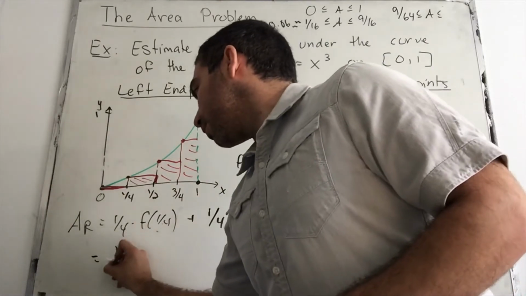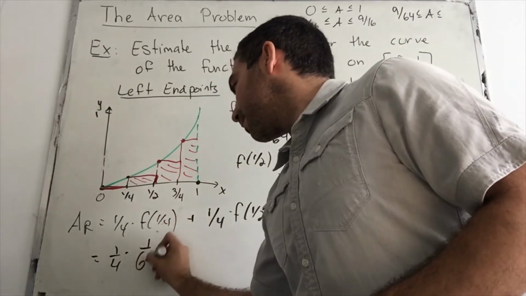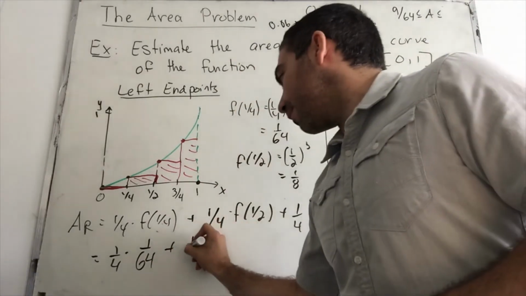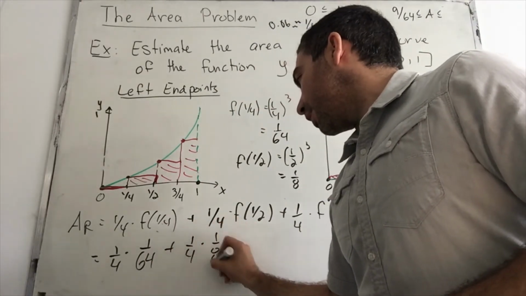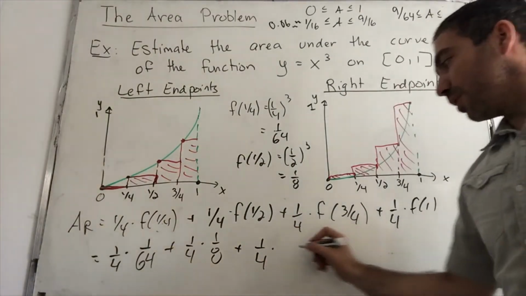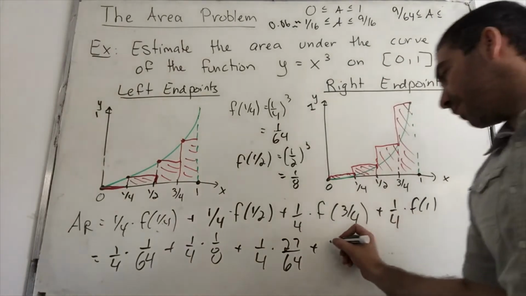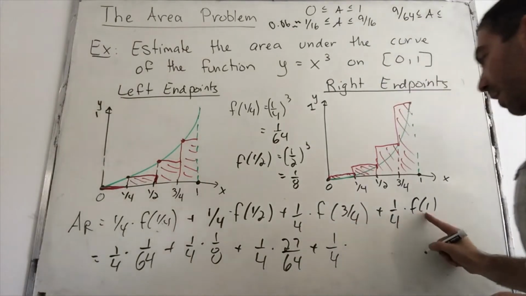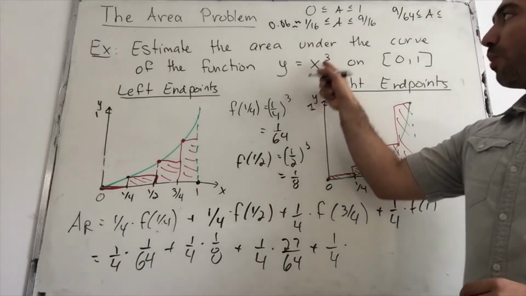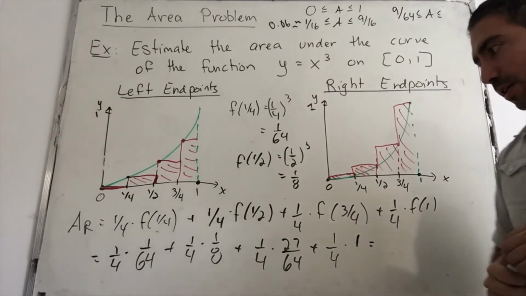So a quarter times f of a quarter we saw was 1 on 64. Plus a quarter times f of a half is an eighth. A quarter times f of 3/4 we saw before was 27 on 64. And a quarter of f of 1. Well, f of 1 is just plugging 1 into this function, so 1 cubed is just 1, so it's just a quarter times 1. So let's go ahead and solve this.